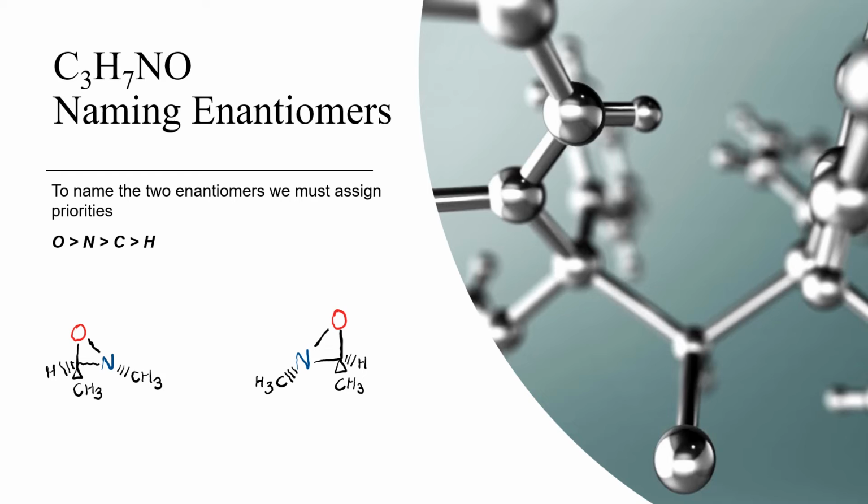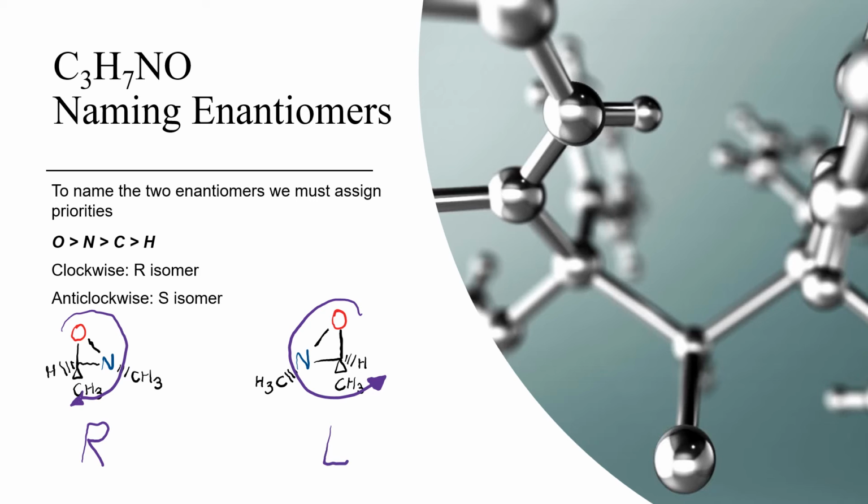Now, if we follow the priorities around the molecule, we will see that it will either go anti-clockwise from oxygen to nitrogen to carbon, or it will go clockwise from oxygen to nitrogen to carbon. And these dictate the naming of the molecule. If it's clockwise, you will have the R isomer, and anti-clockwise, you will have the S isomer. And as you can see with this one, we are going clockwise, and we'll have the R isomer. And with the other one, we are going anti-clockwise, and we'll have the S isomer.